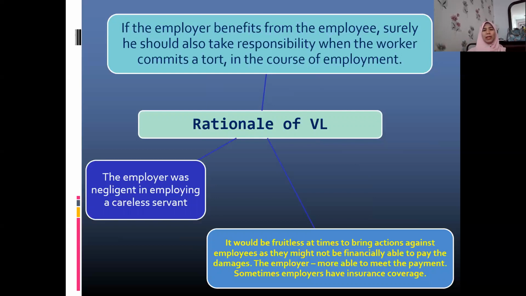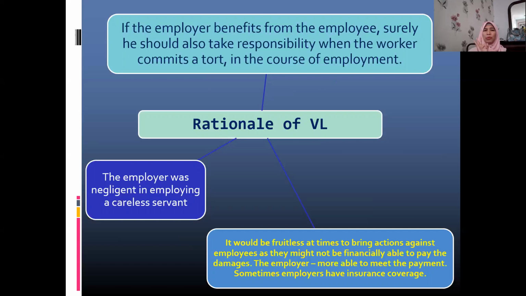If the plaintiff sues the employer, the employer will be more able to meet the payment. And sometimes even employers have insurance coverage for their business. So whatever torts are committed by the worker, the insurance coverage will pay. And the employer is the one who paid the premium.